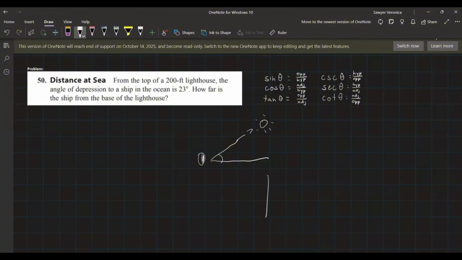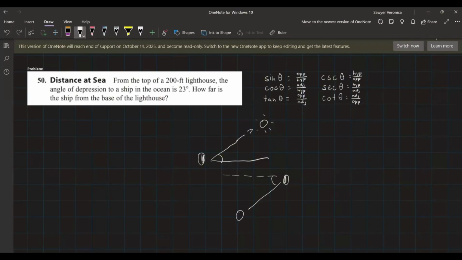And then your angle of depression is when you are looking downwards. Let's say this is an eye, and then you're looking down at a ball. And then this is your horizontal line of sight. The angle between that and the line that you're looking down towards, that is your angle of depression.